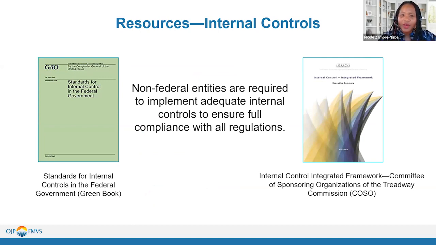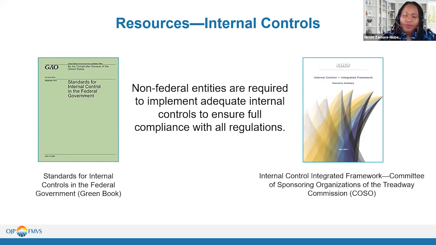Whether or not you believe you have strong internal controls, these are different resources you can access to help you enhance your internal controls. The first one is the Standard for Internal Controls in the Federal Handbook. It's also called the Green Book. It has internal control processes and procedures, and it gives you guidance on that.